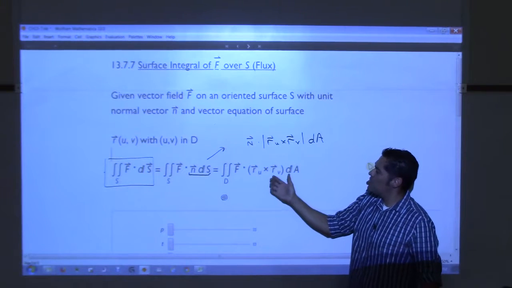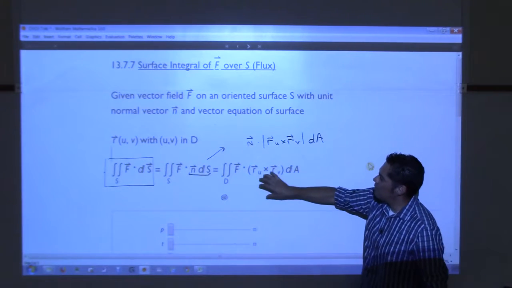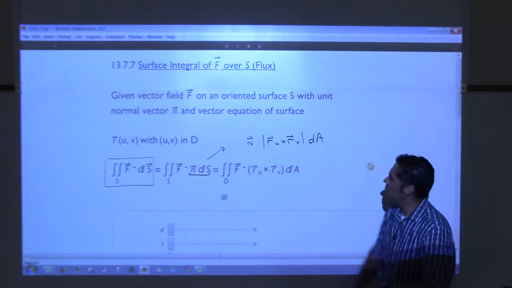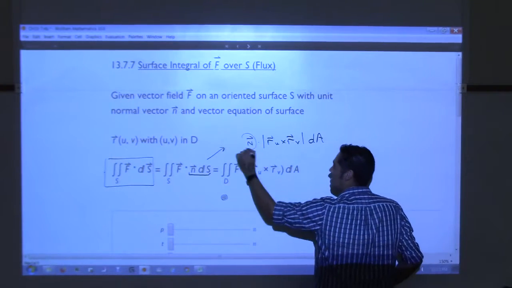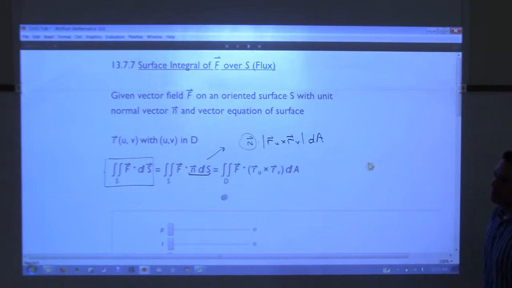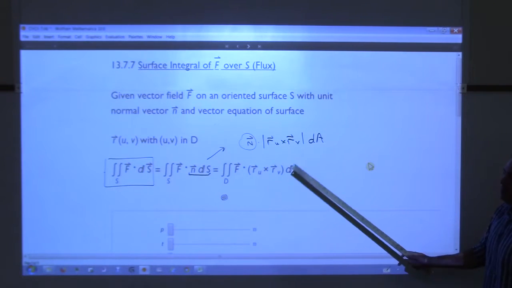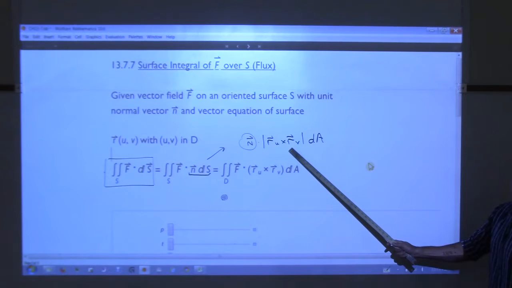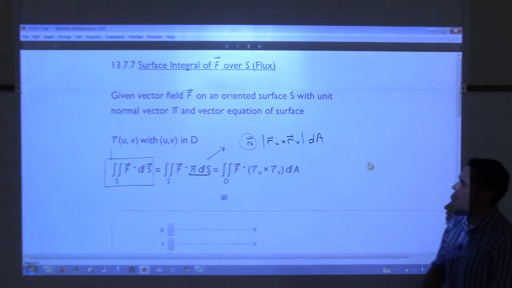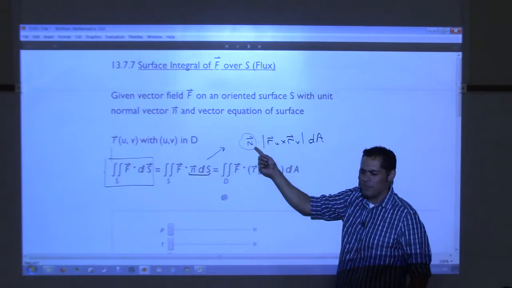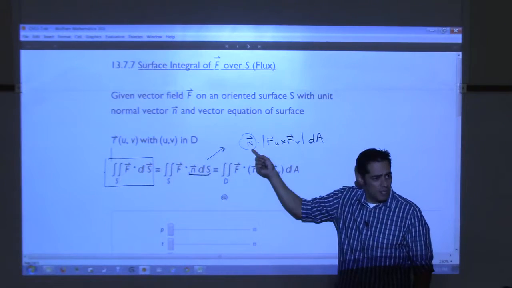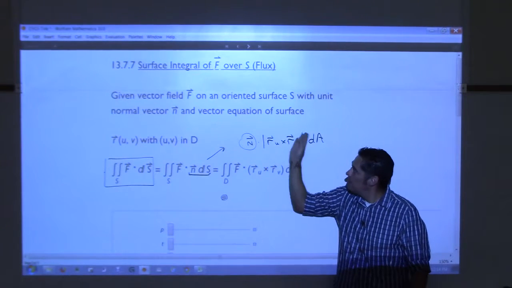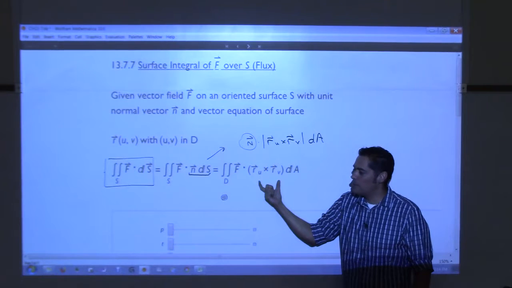So all you'd have to do here is mess around with some of your identities. What is the normal vector by definition? That's your cross product over your magnitude of the cross product, the r's over the magnitude of the r's, which would cancel this out, right? That's what I was trying to say. I thought you were saying that this was going to be 1 or something. No. Okay. So just a second ago, I told you what that was, right? And if you cancel out this with the one on the bottom, you'd get this.